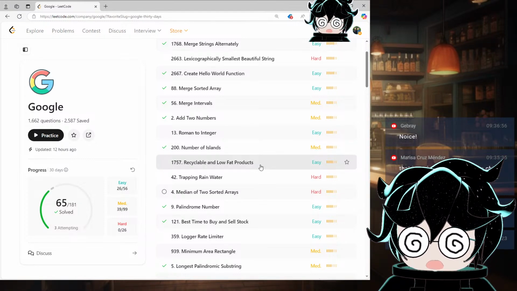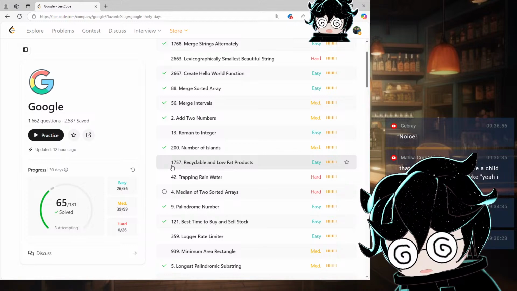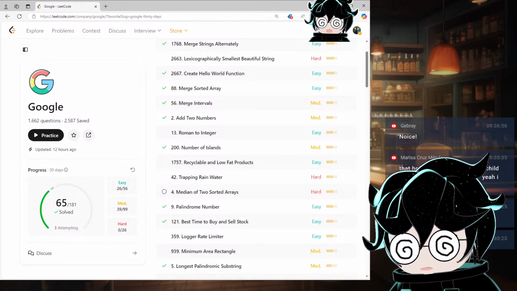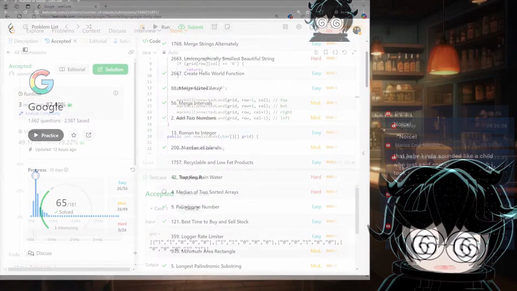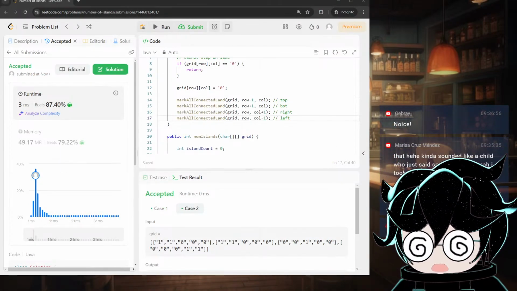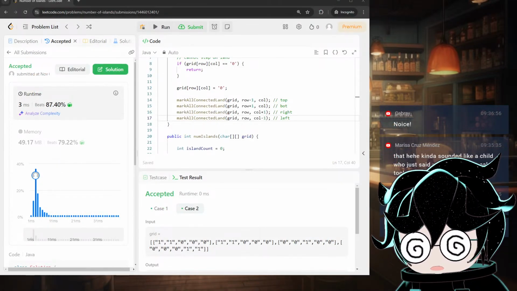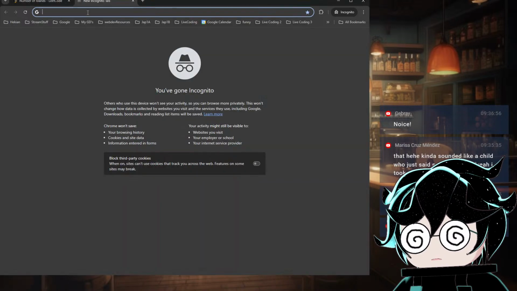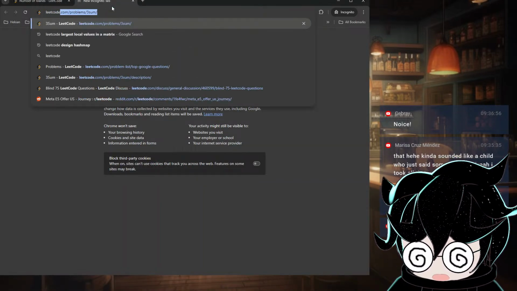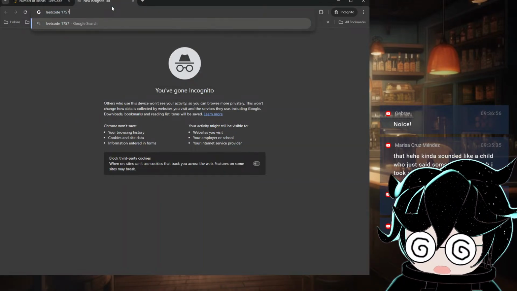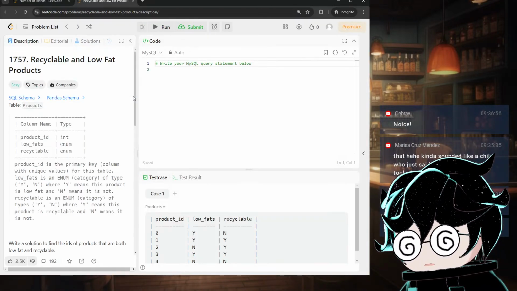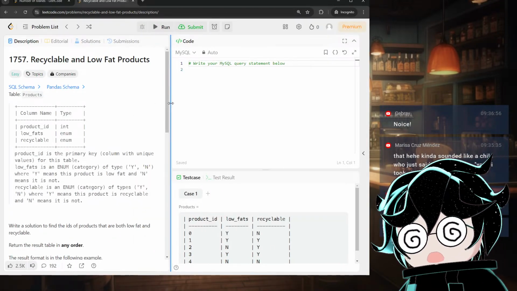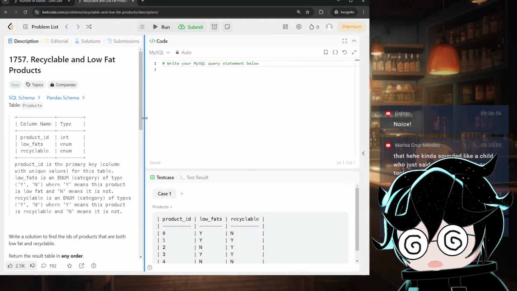Recyclable and low-fat products. Is this a premium question? 1757. I think I wanted to do this problem in one battle before, but I couldn't, maybe because it was premium. 1757. Please don't be premium. Oh, yes. Oh, I see why we didn't do this.